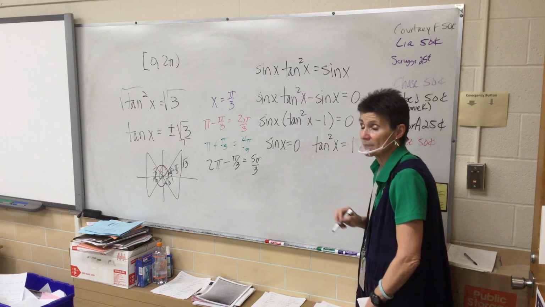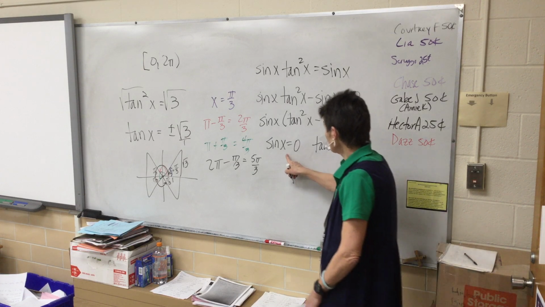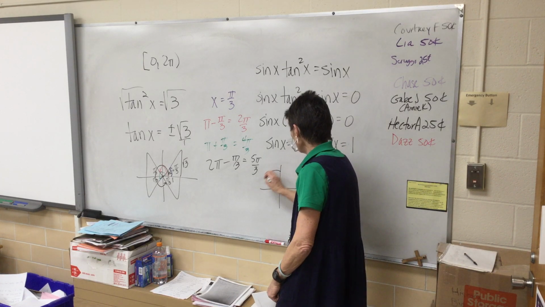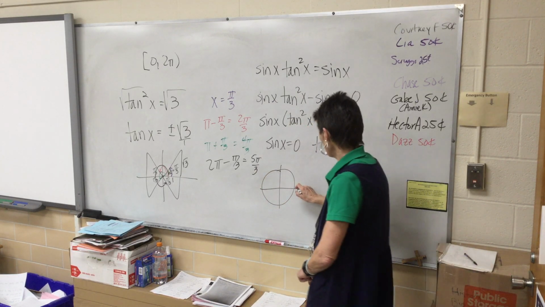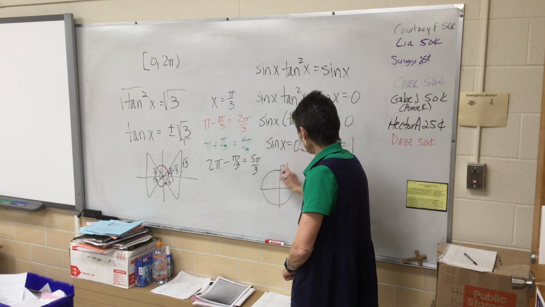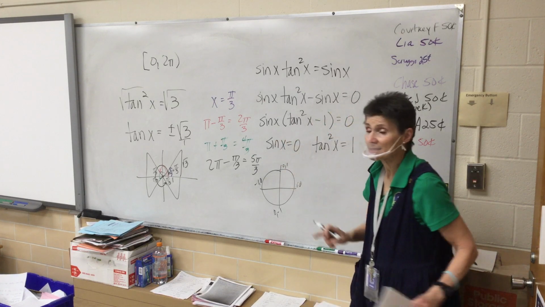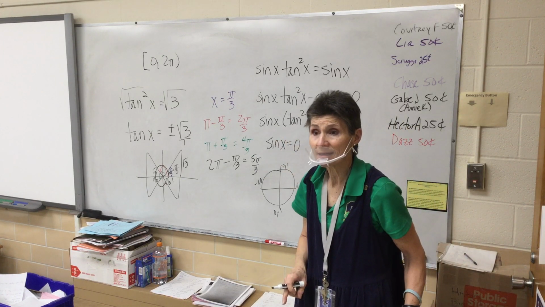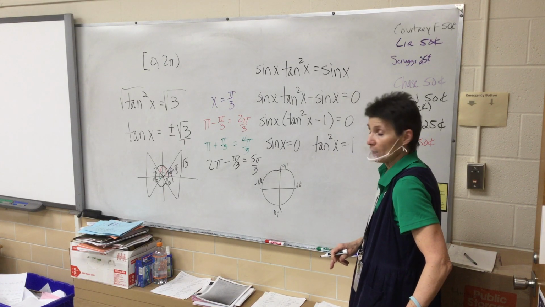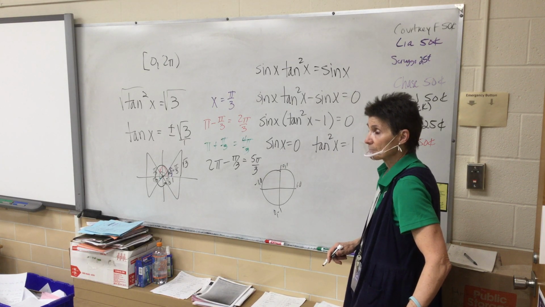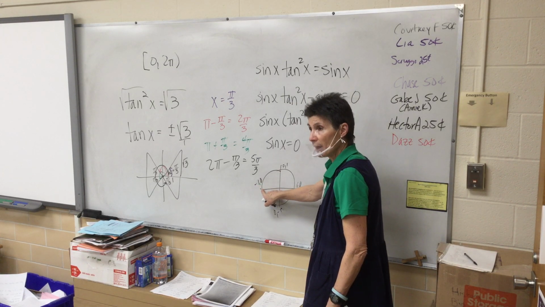Oh, this is gonna have a bunch of answers. All right, so here we go. Those zeros, remember, tell me I have to look at my circle, agreed? Remember that? So I'm looking around the circle, and I'm looking for places where y is 0, because y is the sine. So where is y 0? 0 and pi?